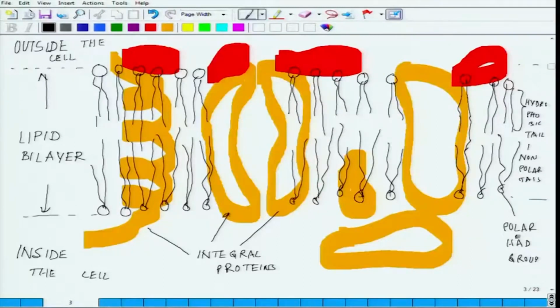These are all integral proteins spanning the membrane, and yet there are certain proteins which do not span the membrane, and those are called peripheral proteins.